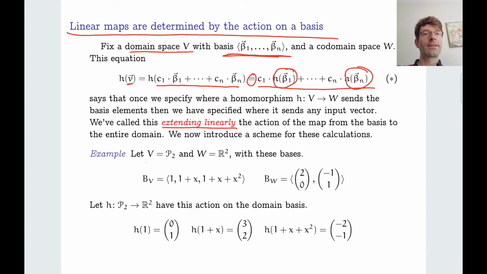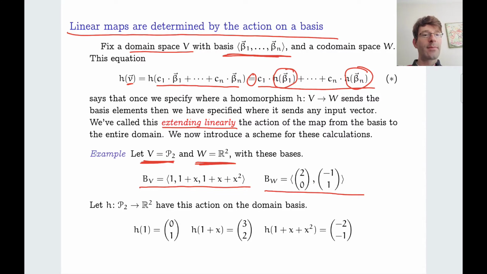So let's say we have a domain space V, I will also call it input space today, and a codomain space W, R2, I will also call this an output space. And we have corresponding bases, again not too simple, not too complicated, for the input space and the output space, and I might call these bases input bases and output bases. I hope this is all intuitive.